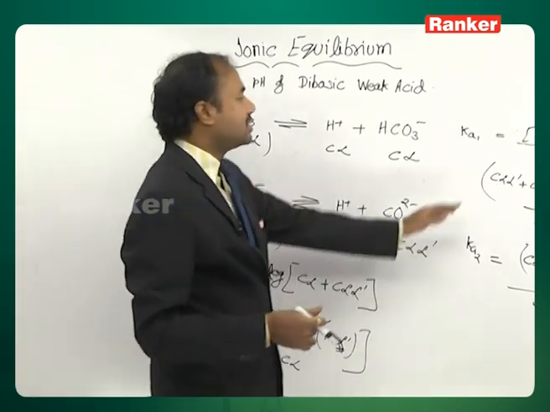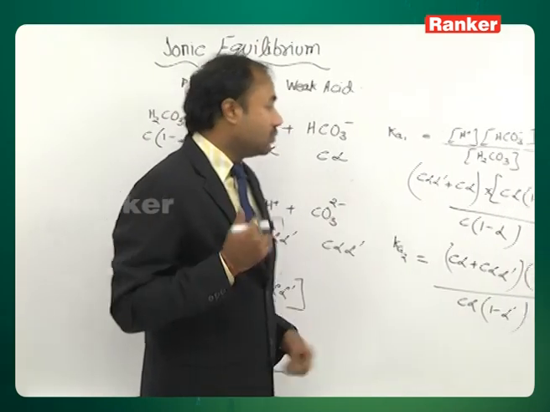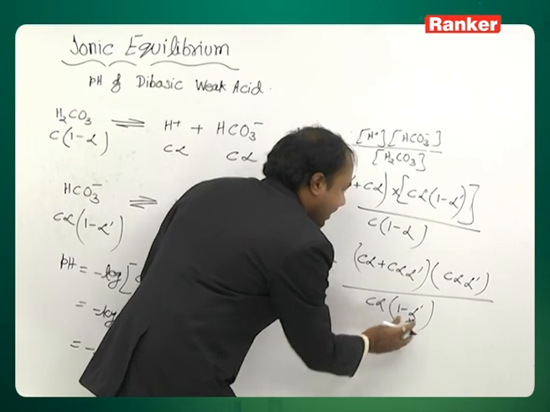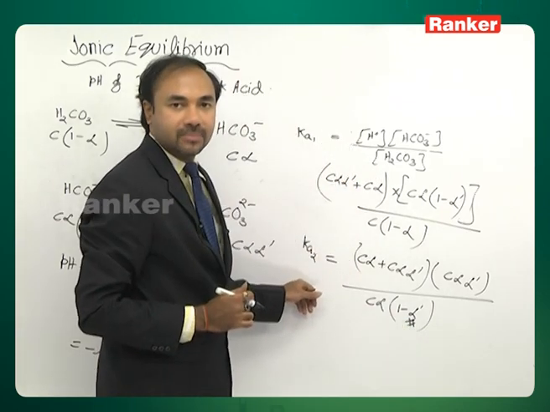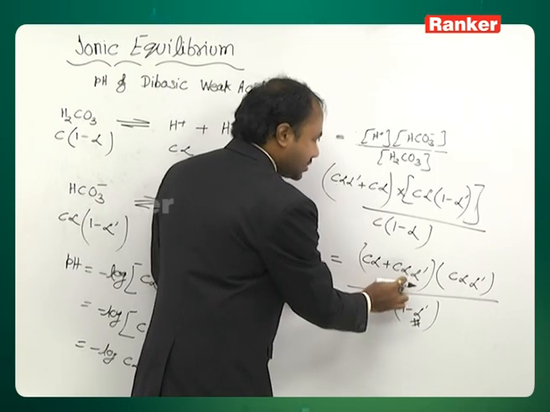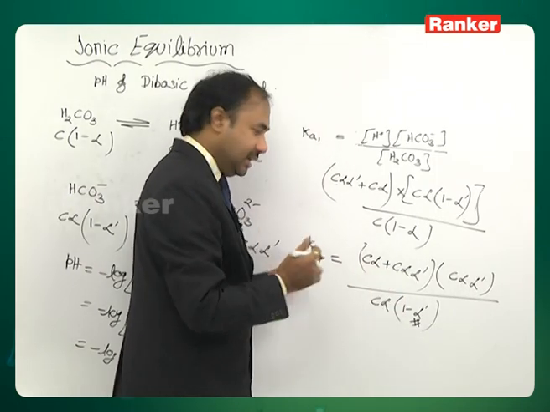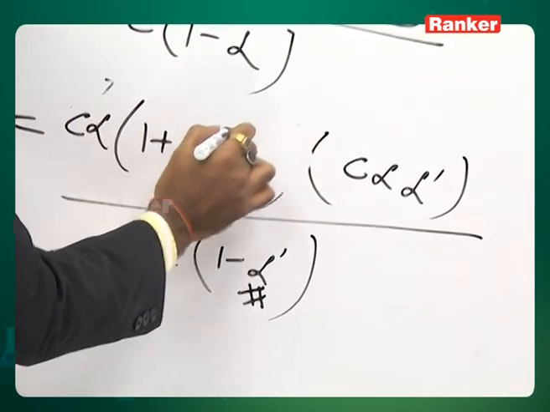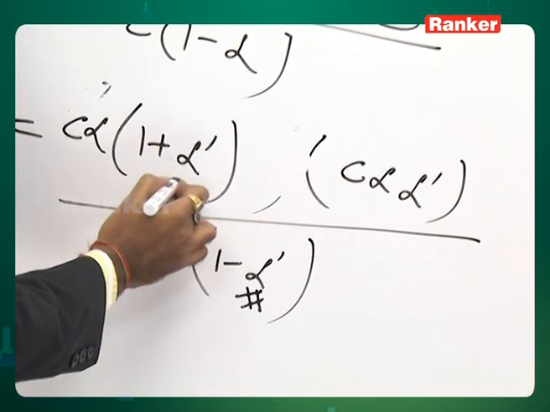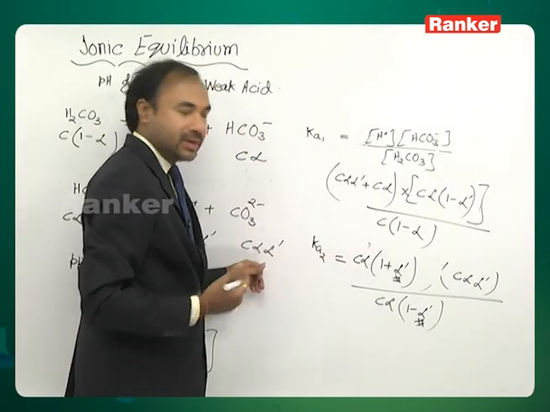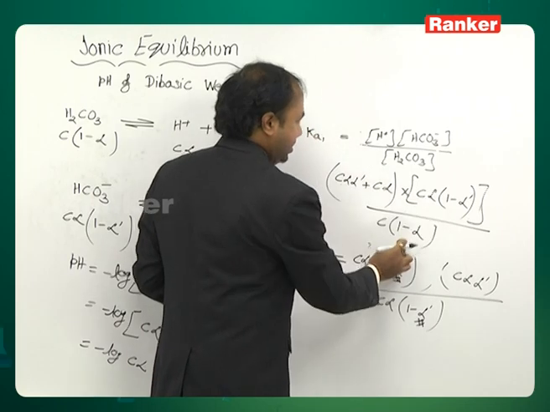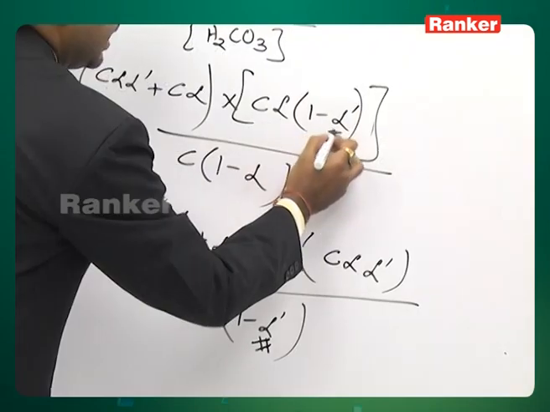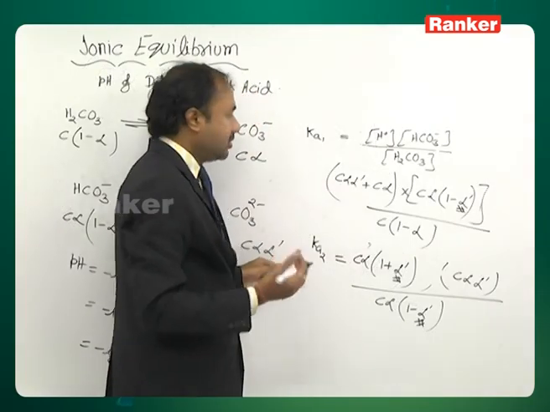We take some approximations here also to simplify. How? See that part. First approximation, alpha dash is negligible as compared to 1. Even if we substitute this one, we take C alpha common, then it becomes C alpha into 1 plus alpha dash. Again, this is negligible here. This one is C into 1 minus alpha. Alpha we are not neglecting right now. This alpha dash again is negligible. Clear?